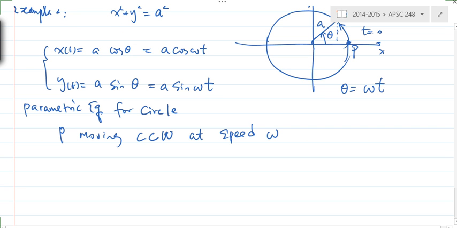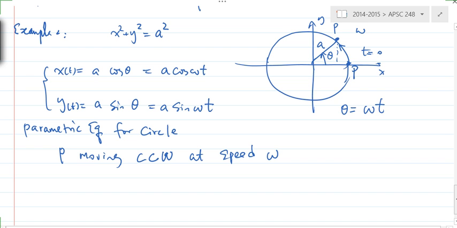So now a similar question is this. Let's say the starting point of point P is not here. The starting point of point P is over here. Let's say this is the B point and this is the A point.